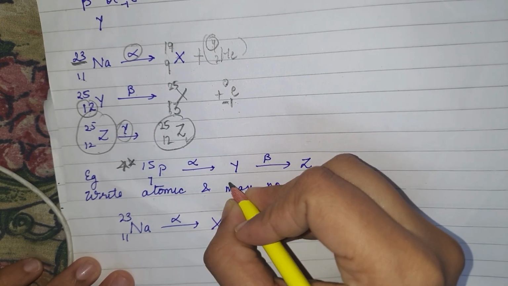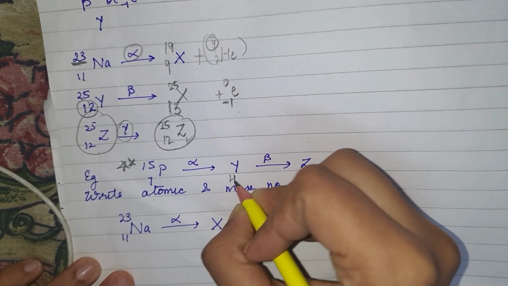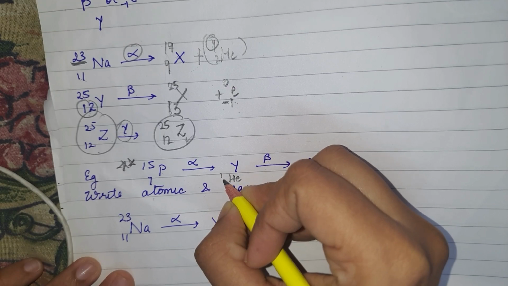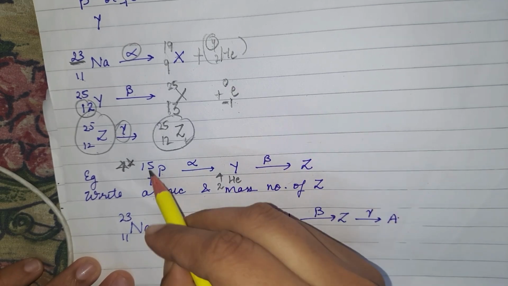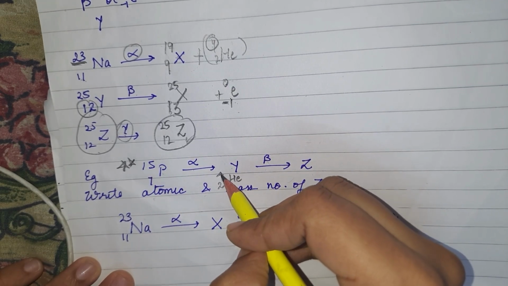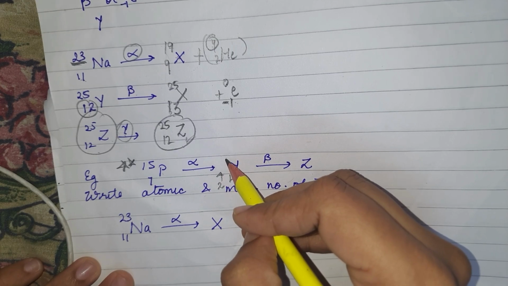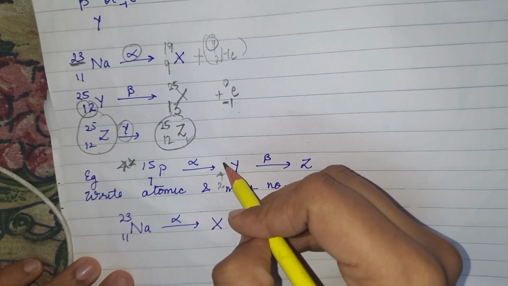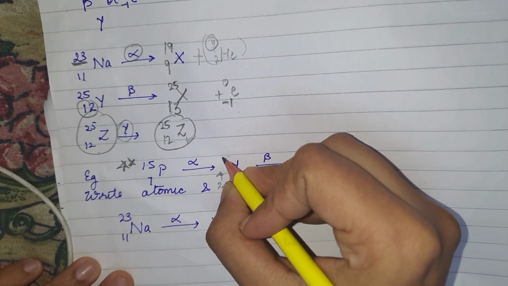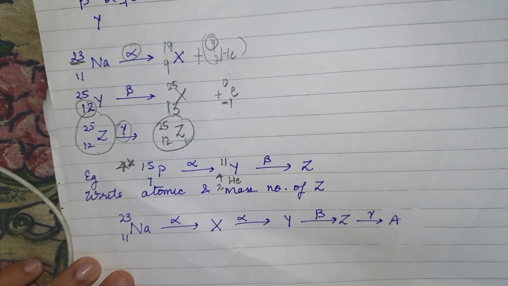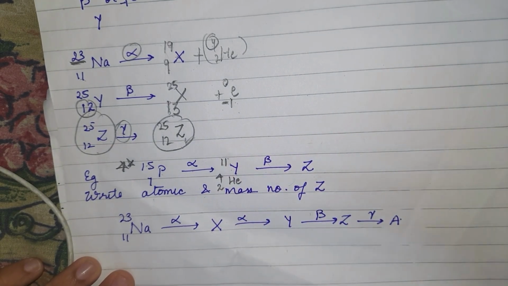For your rough work, you can write below that helium 4, 2. So 15 is already there, here it is 4. What should I write here on the top, so that 4 plus something becomes 15? That something would be 11, because 11 plus 4 becomes, of course, 15.